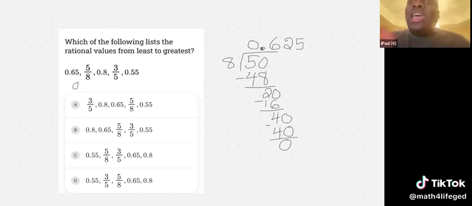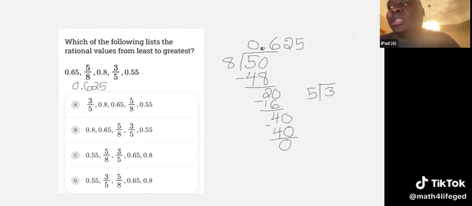So we can write that underneath, 0.625. Now we're gonna do the same step for 3 over 5, right? So we know that the 3 goes in, the 5 goes out. So let's do it in the corner right here. 3 goes in, 5 goes out. 5 goes into 3. How many times? Well, 0 times, because 5 cannot go into 3. 3 is too small. Then to continue, we put a decimal point and a 0 to continue. Now 5 goes into 30, 6 times.